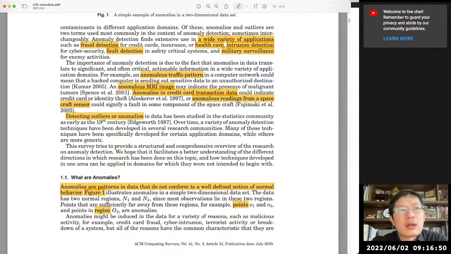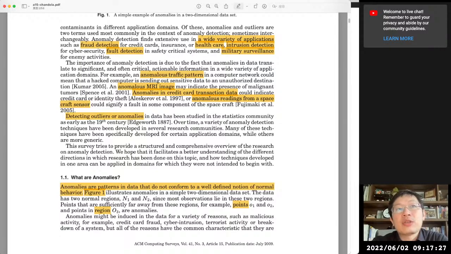For example, if you usually spend $1,000 per month on your credit card, and then suddenly the credit card company receives a request for maybe $10,000 in usage, it could be viewed as a certain kind of anomaly detection, because you know the normal pattern of the user, which is you, using your credit card.